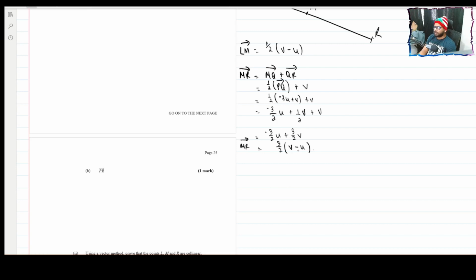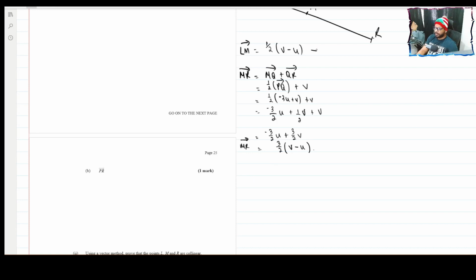Now watch what I can do here, right? If I can show that LM and MR are parallel, they will have a common point M, hence they will be collinear. So I'm going to do a little bit of algebra here.